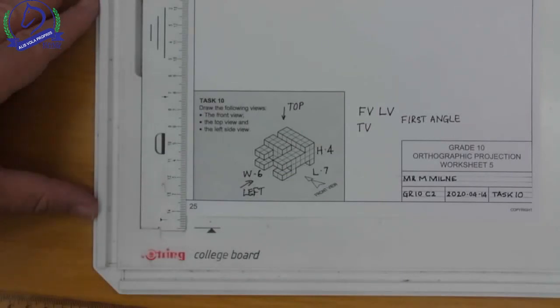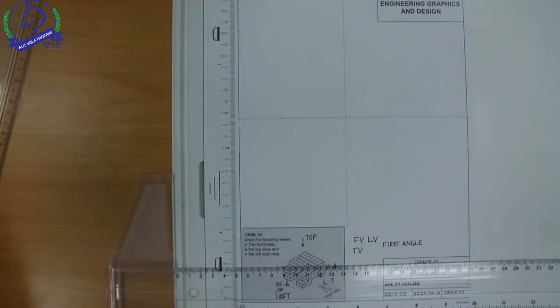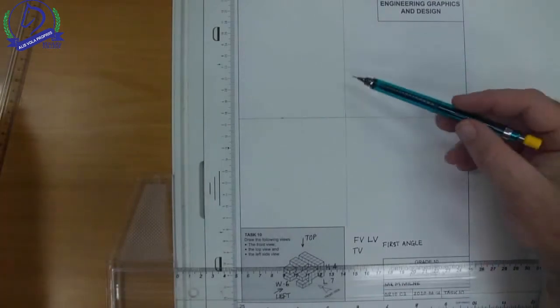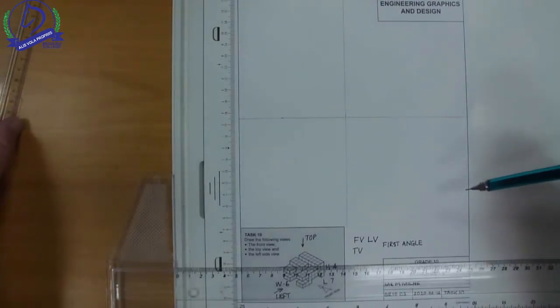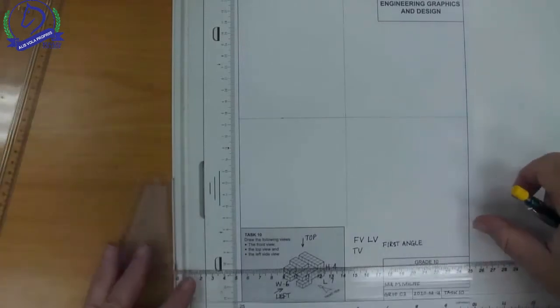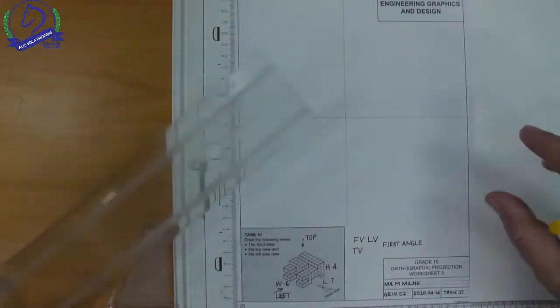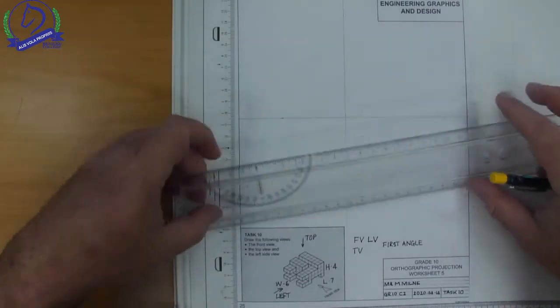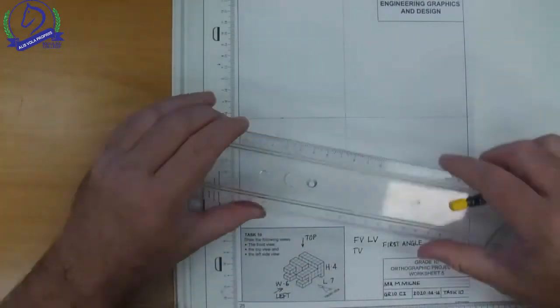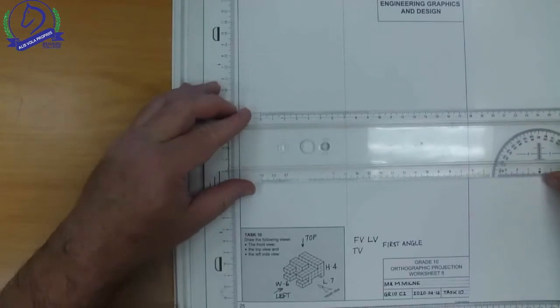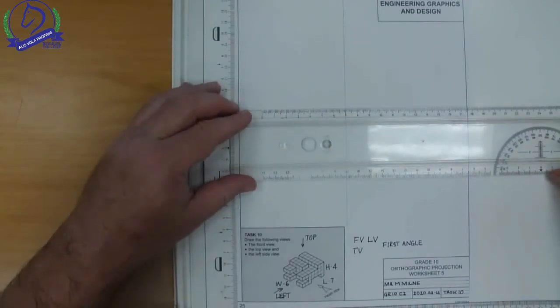So I'm going to divide my page up and find a start point for my front view. I've marked off the division on my page and I'm now ready to mark off my length dimensions. So that was 7 blocks.